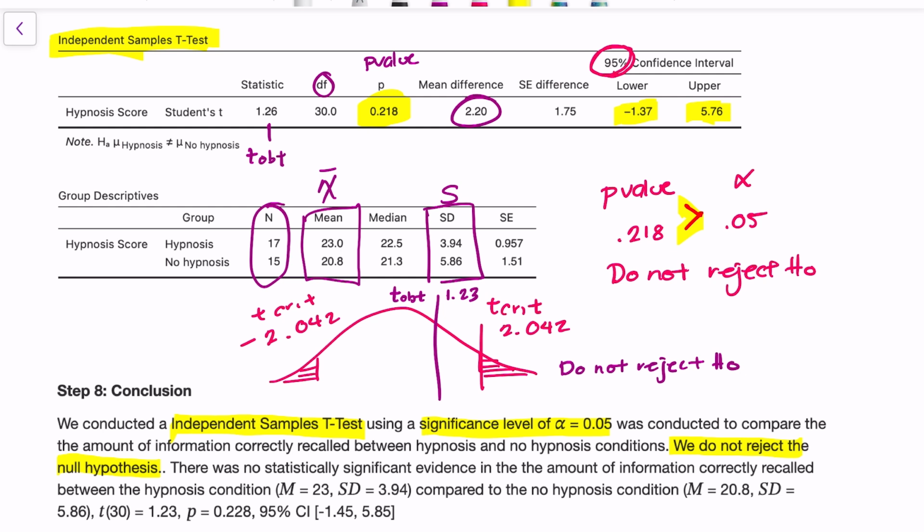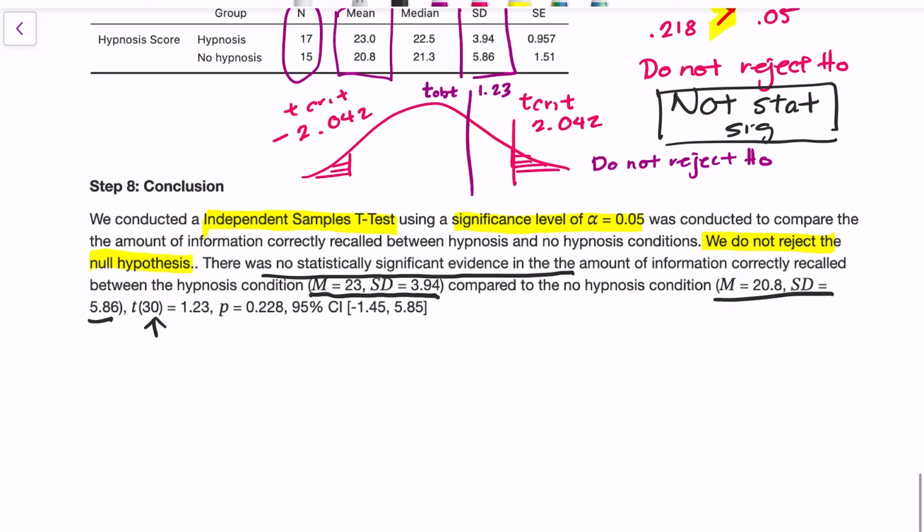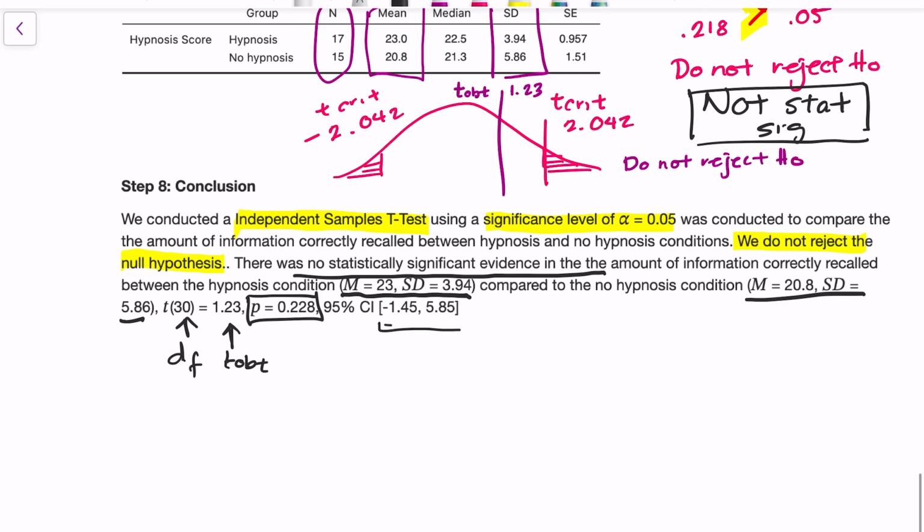Whenever we do not reject the null hypothesis, it also means that it was not statistically significant. So that's the next thing that we say. You can put the means and standard deviations for the two samples that you're comparing. Here it's going to be your degrees of freedom, your t obtained, the p-value, and you will get this one from software, and then the confidence interval over here.